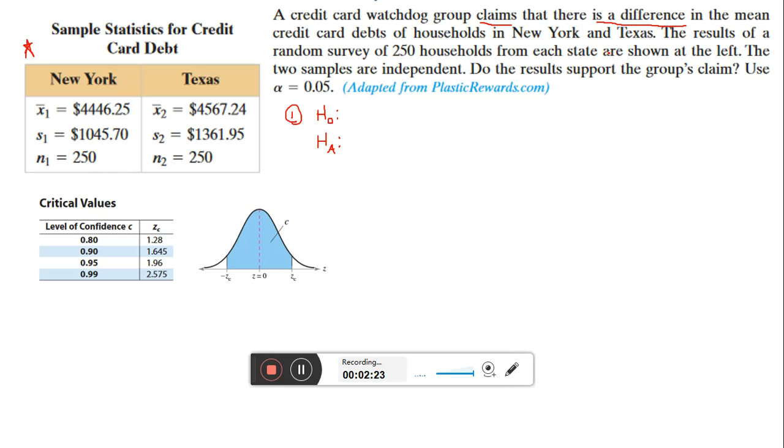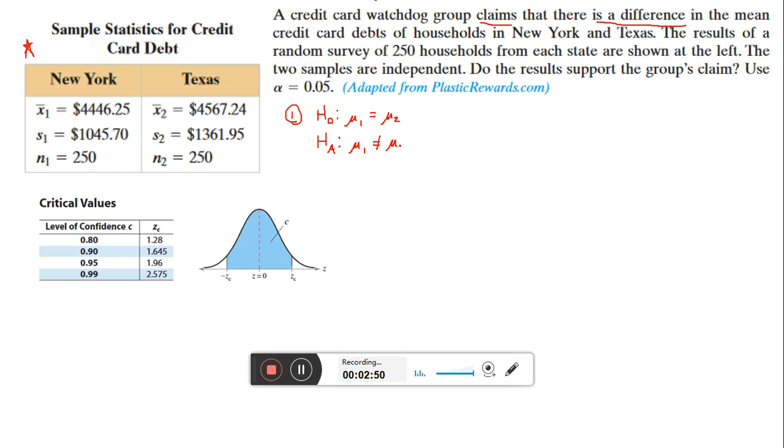All right, so that generally implies that the null hypothesis is that there is no difference. Okay? There is no difference, which would mean that they are equal. So the credit card debts of households in New York and Texas are generally thought to be equal. The alternative hypothesis would be that they are not equal.